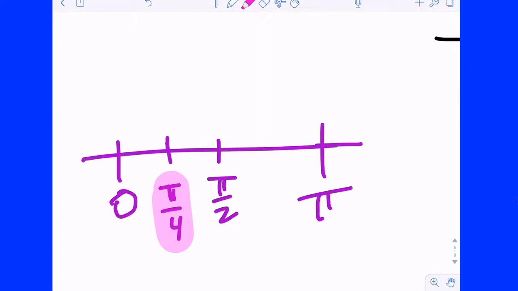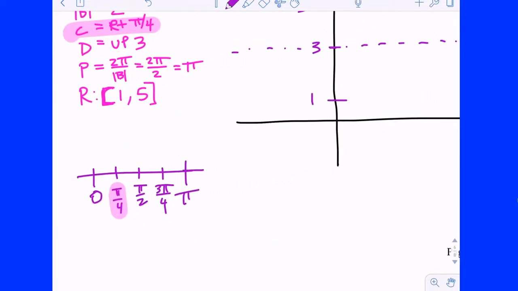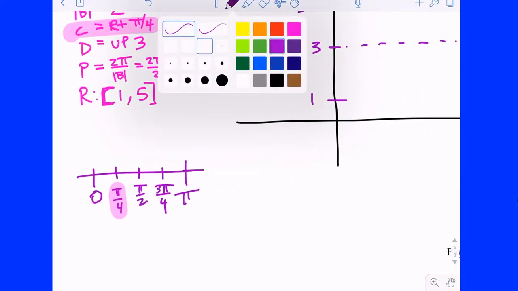So even after we shift things, the critical values are going to be pi fourths away from each other. And for what it's worth, you can label that 1 pi fourths, 2 pi fourths, that would be 3 pi fourths, 4 pi fourths, 5 pi fourths, 6 pi fourths, so on and so forth. But the whole reason we do this is just to orient ourselves to where the y-axis is going and what the new critical values are.